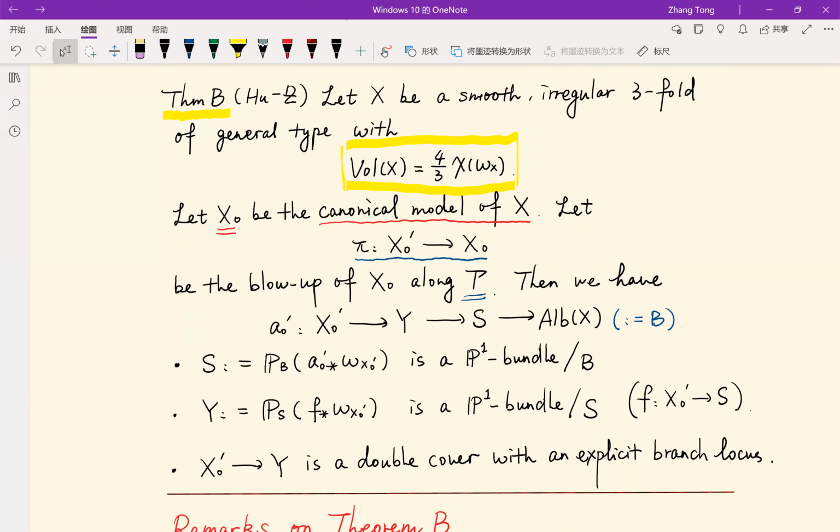Suppose I made this birational modification. Then I consider this A naught prime, which is the Albanese map of X naught prime.